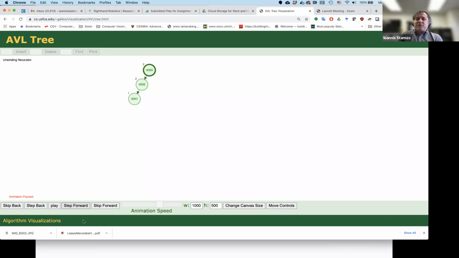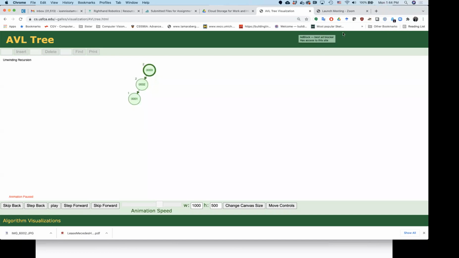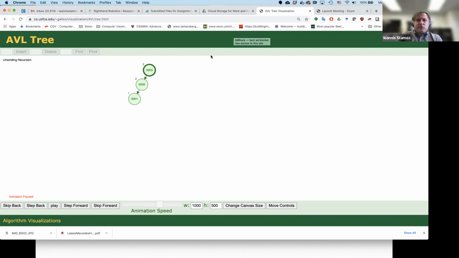Why is it a single rotation? Because the violation happened after our insertion to the left of 3, and actually to the left of the left.